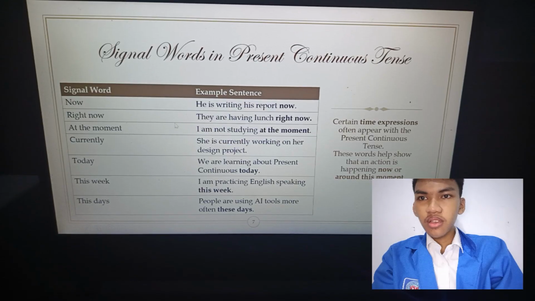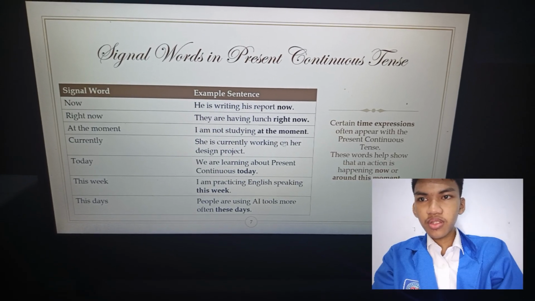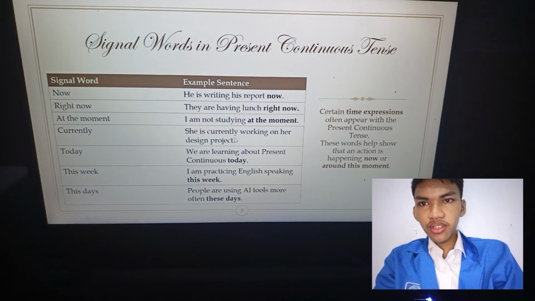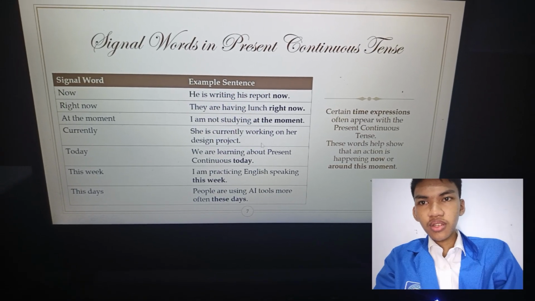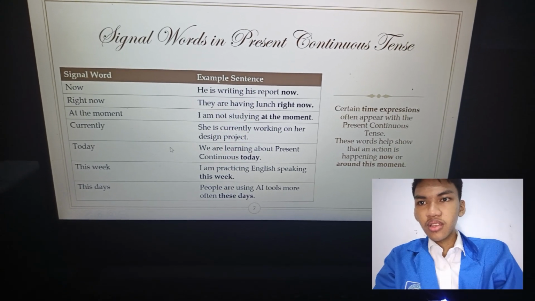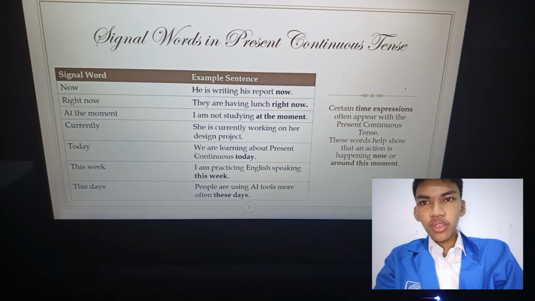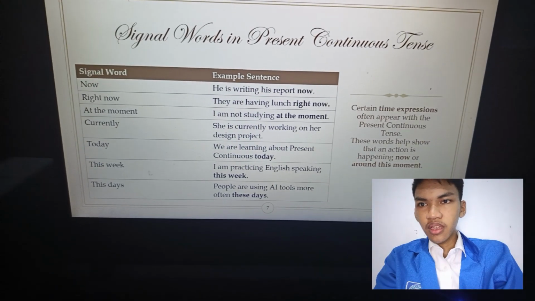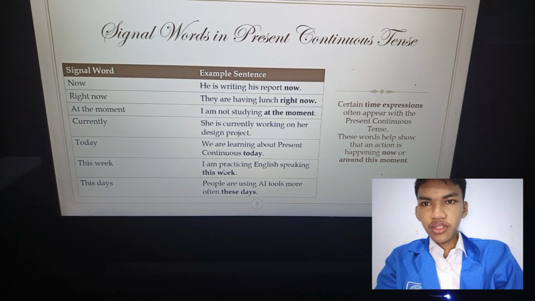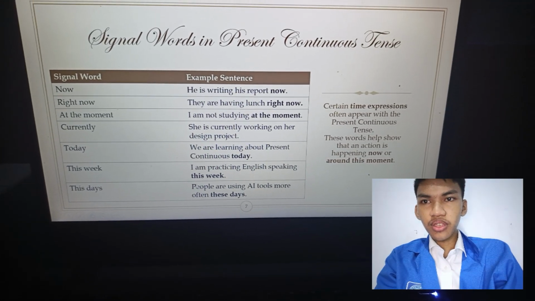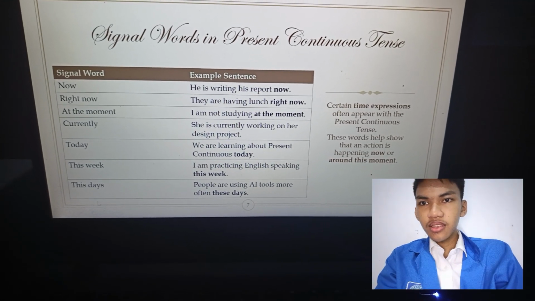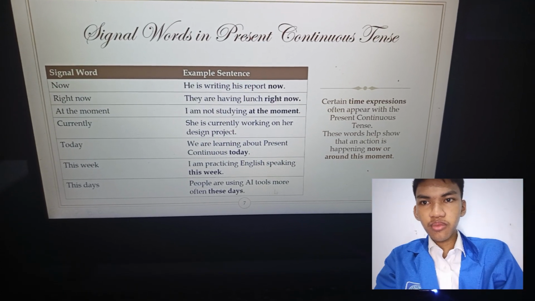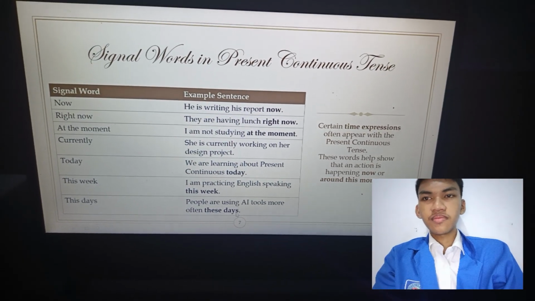At the moment: I'm not studying at the moment. Currently: she is currently working on her design project. Today: we are learning about present continuous today. This week: I'm practicing English speaking this week. These days: people are using AI tools more often these days.